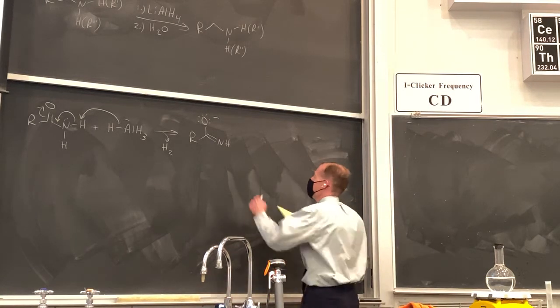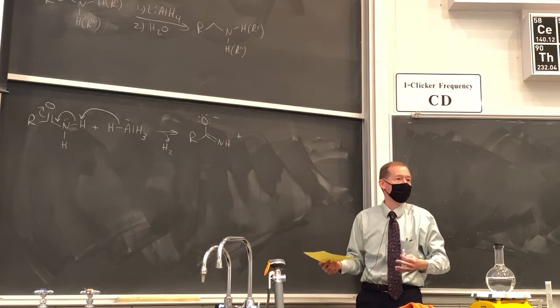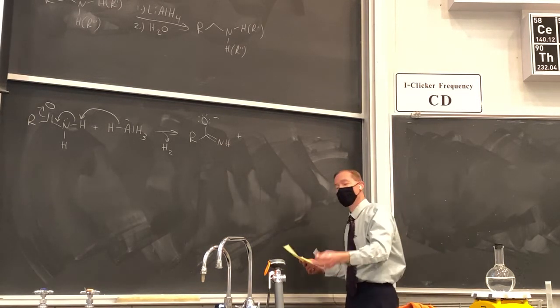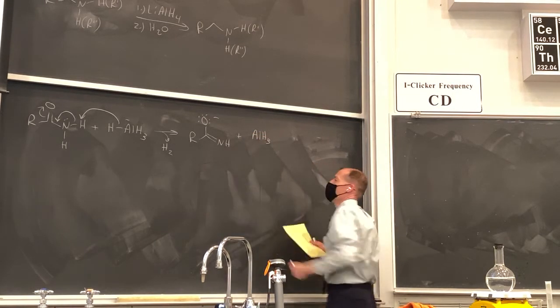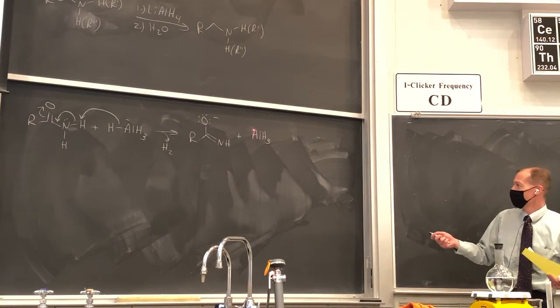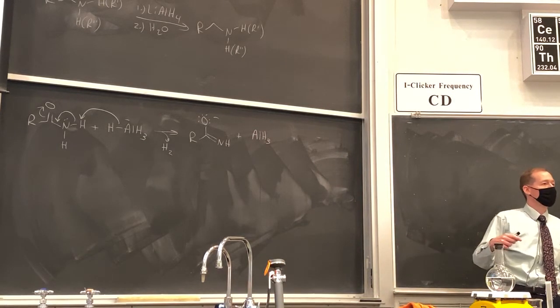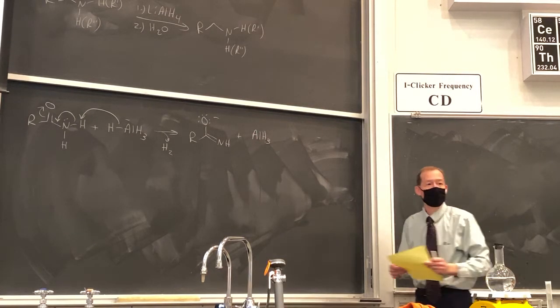So we get to this species. The negative charge on oxygen is more stable than on nitrogen, but it is still basic. Lewis basic, Bronsted basic. We've also produced ALH3 as a byproduct in this reaction. This aluminum is neutral, but it doesn't have the octet. So this is a really, really good Lewis acid.